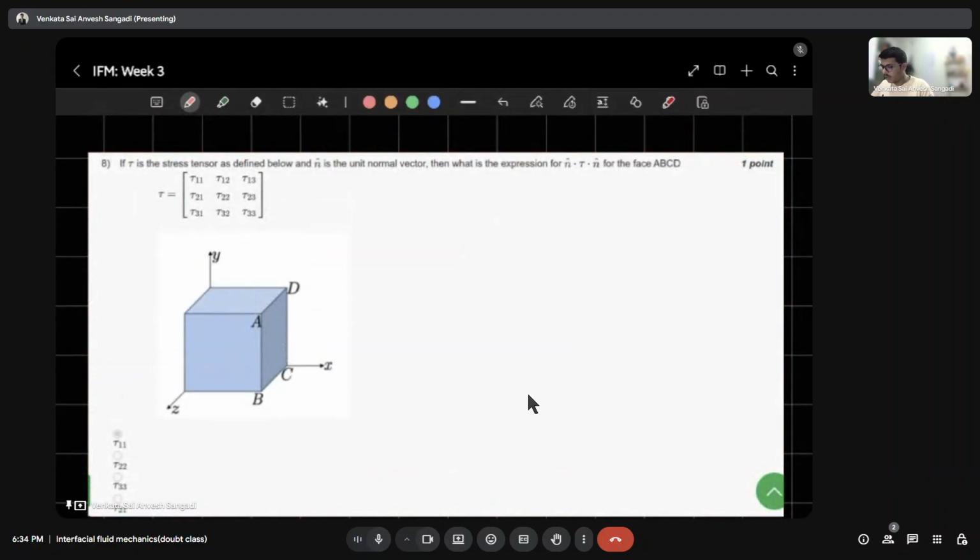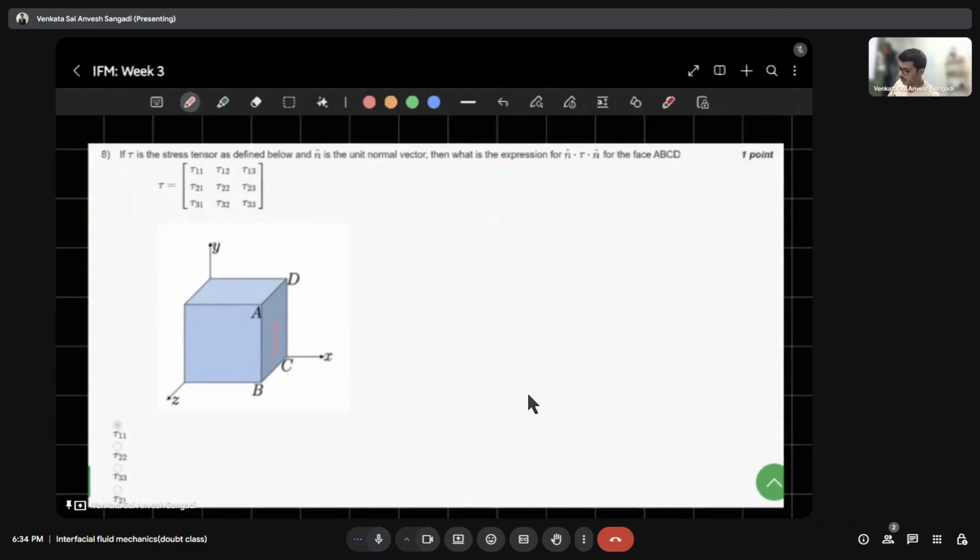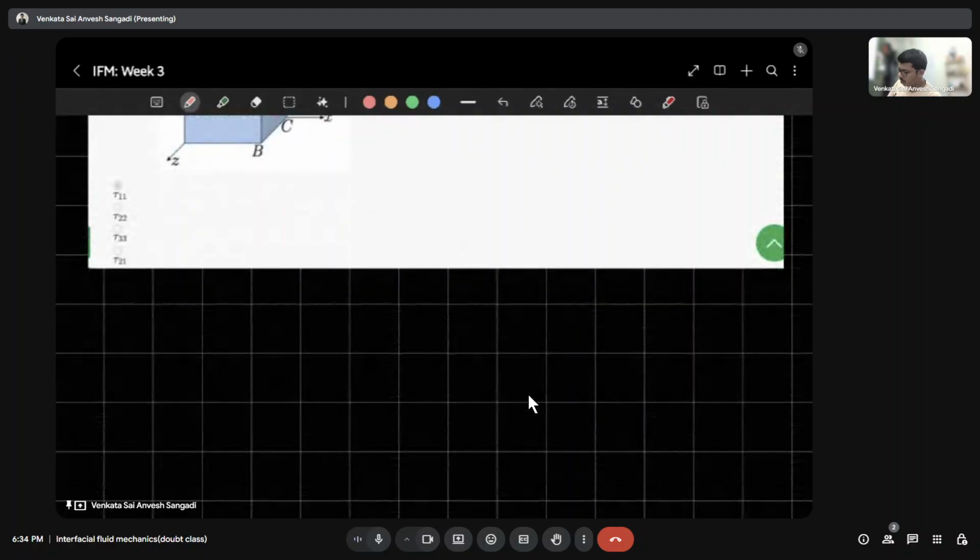So now we have the question: if tau is the stress tensor as defined below and n hat is the unit normal vector, then what is the expression for n hat dot tau dot n hat for the face A, B, C, D? So we're talking about this surface. Let's redraw the diagram.